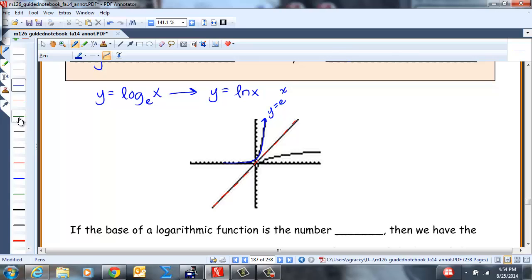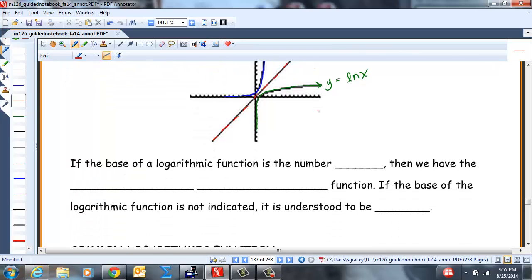And this guy here is y equals natural log of x. And this was y equals x. Okay?